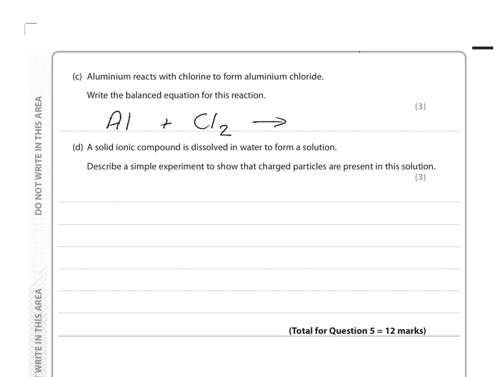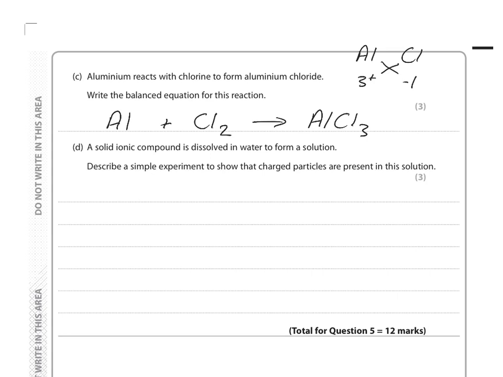Aluminium is in group 3, so Al, it's got a 3 plus charge. Chlorine is in group 7, so it's got a minus 1 charge. So the formula, using the crossover rule, the formula of aluminium chloride is AlCl3.